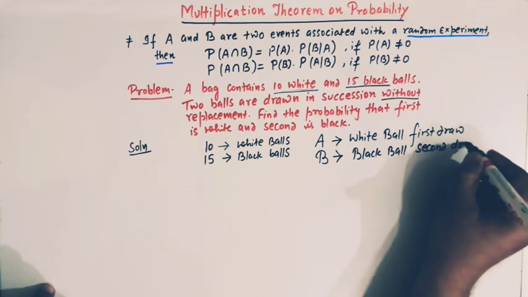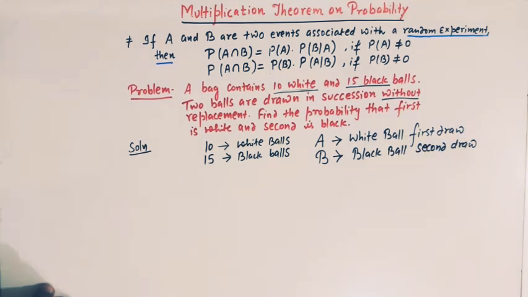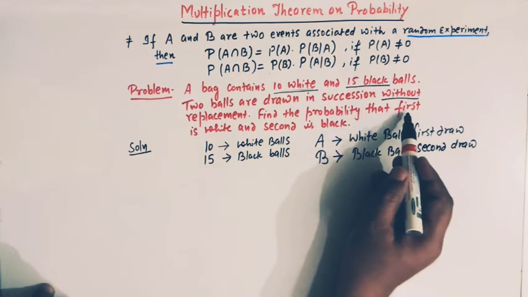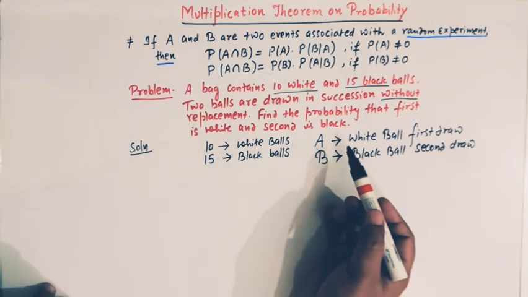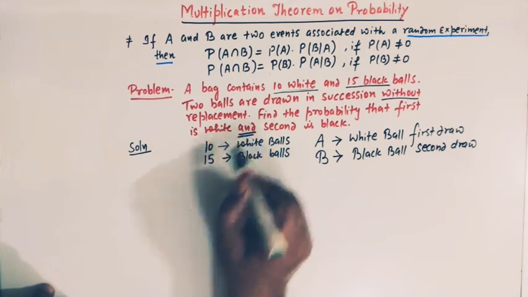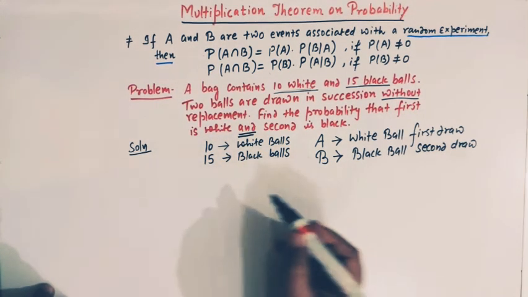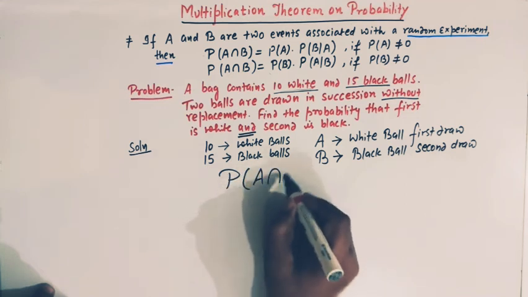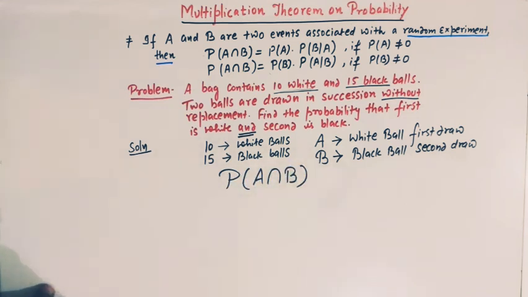So we have to find the probability that first is white and second is black. Here we have the word AND, so it means we have to find P A intersection B.